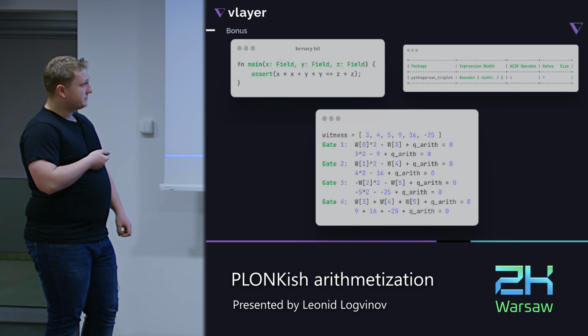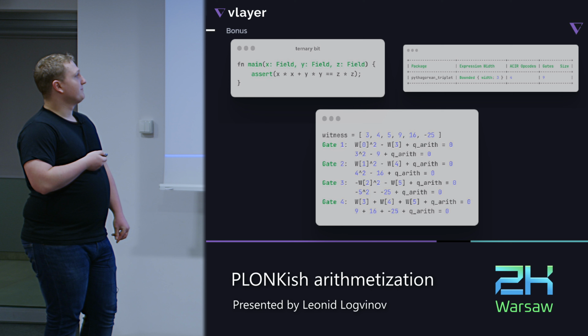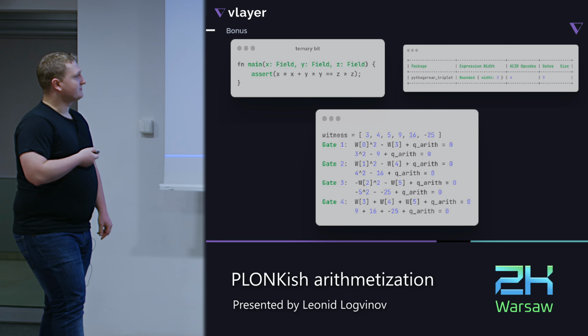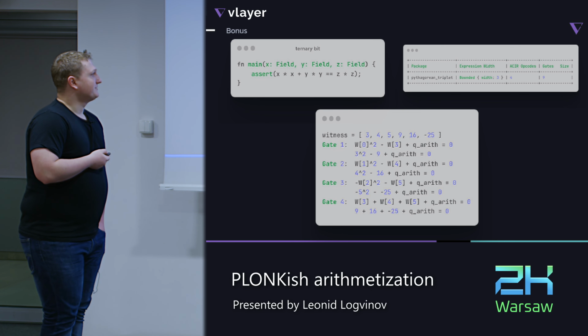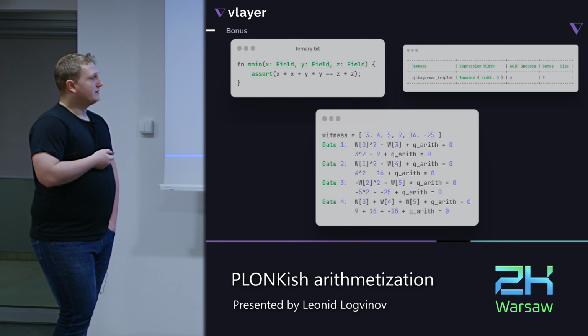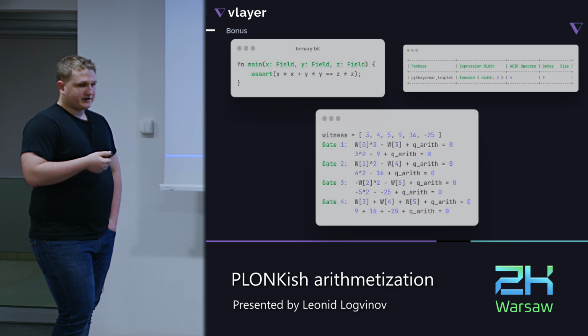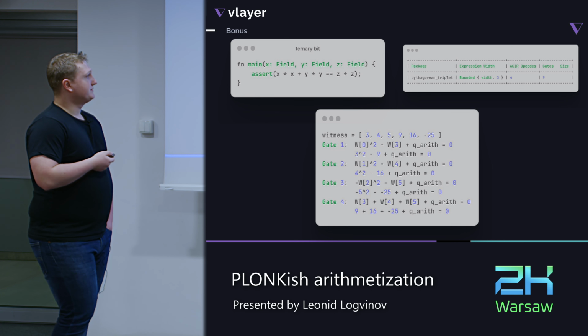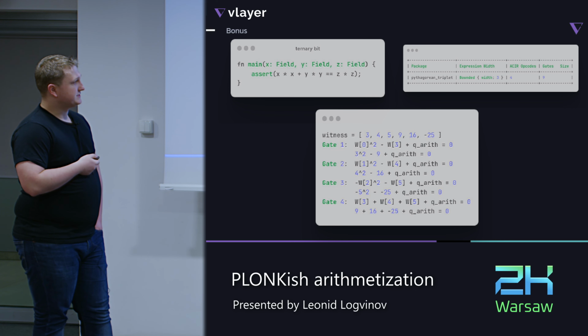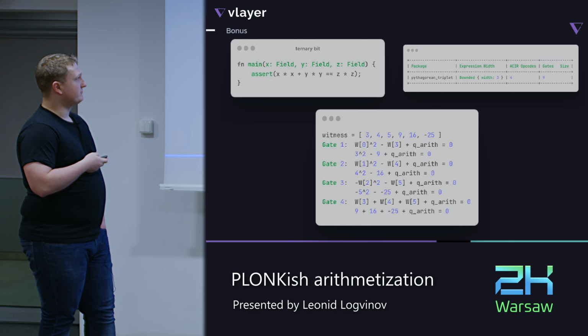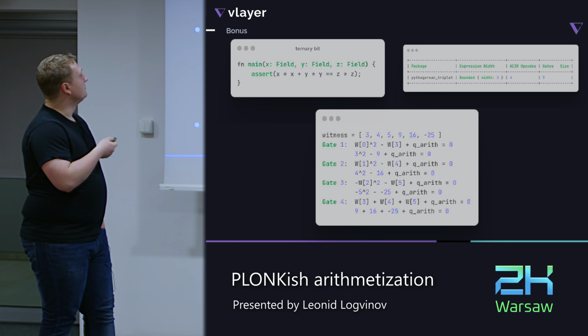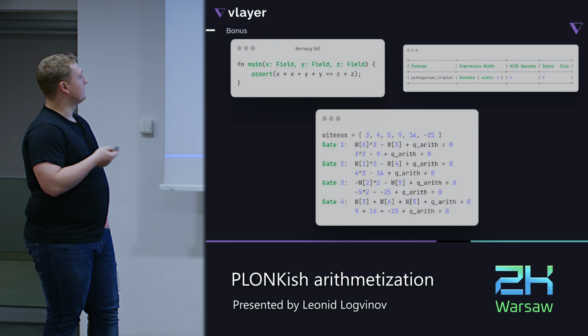So let's ignore this qarith because I forgot to delete it, and it's not very interesting here. But in general, Barretenberg has some optimization for the arithmetic, and this arithmetic gate can have 4 different forms, and this qarith by default is set to 1, which is the normal form, but the other forms are different.